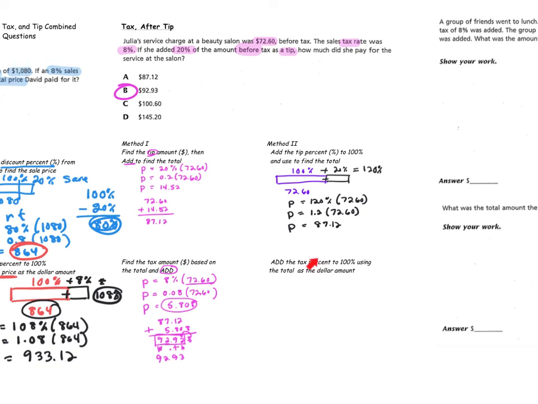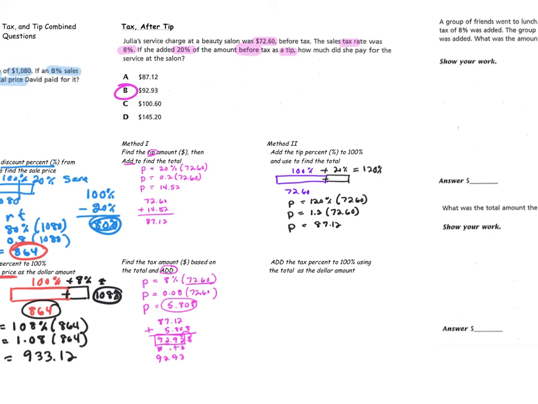So if I wanted to use the second method, this would not work. Here's why. We have the amount with the gratuity, but our tax is based not on the amount with our gratuity. So we could not work with this amount. We could find the tax based on this, but recall that we added the tax onto the number that already had the gratuity in it.